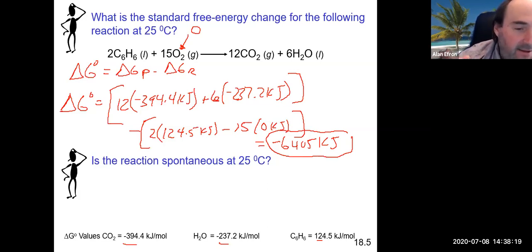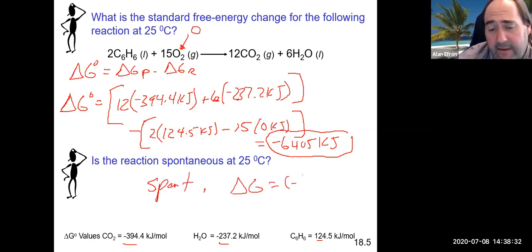So we calculate our delta G here, which is negative, and that should tell us that this reaction is going to be spontaneous. The delta G is negative. So again, unlike necessarily the entropy value, we can use our free energy to indicate whether or not it is going to be a spontaneous reaction.